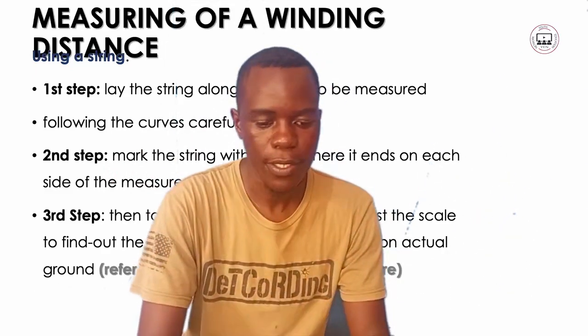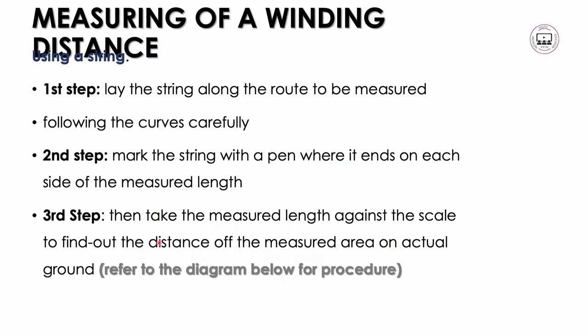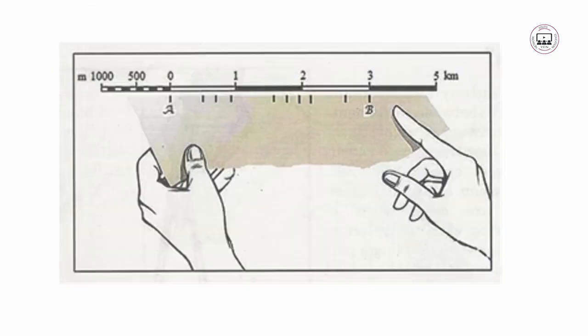Then after marking, you take the measured length against the scale to find out the distance of the measured area on the actual ground. So you can see on the diagram. You take your marked string and place it here on the scale, which is on the map there. And then after that, you take the unit which has been found here and place it as on the actual ground.